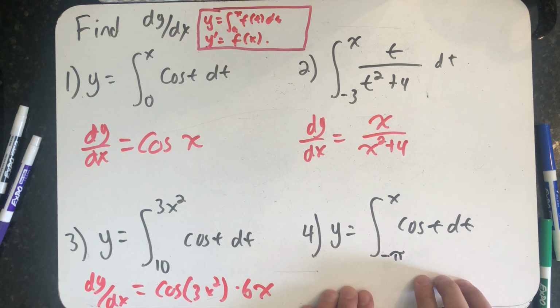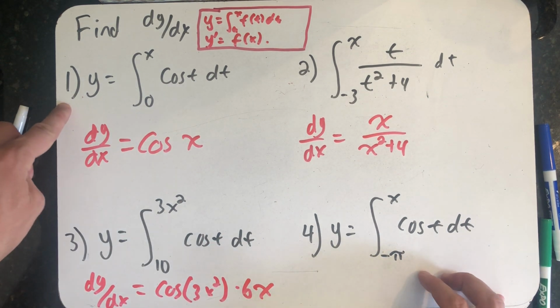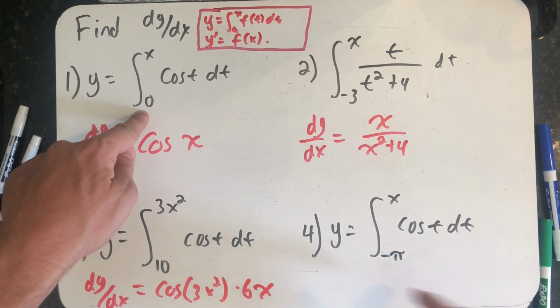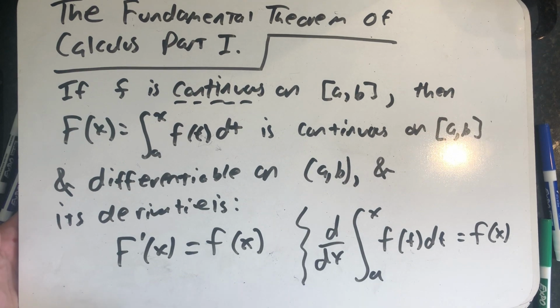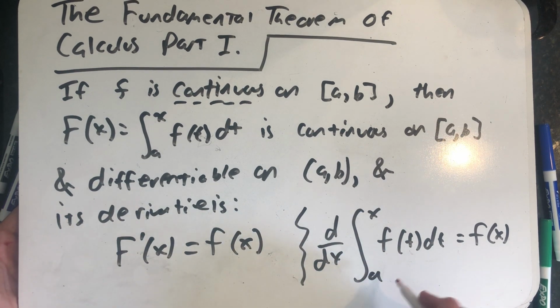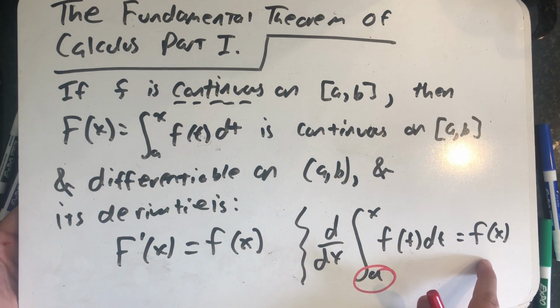And then finally number 4, which looks a lot like number 1, but instead of the bottom bound being 0, the bottom bound is minus pi. Well, if I look at the fundamental theorem of calculus part 1, it says when I differentiate a function in this format, no matter what the bottom bound is, the derivative is just f of x.